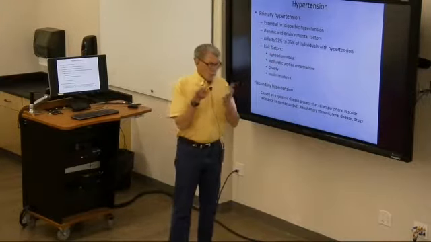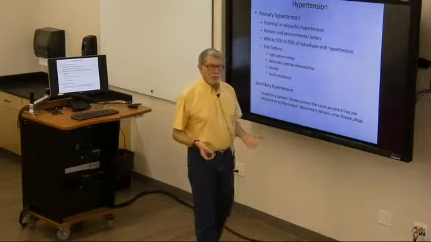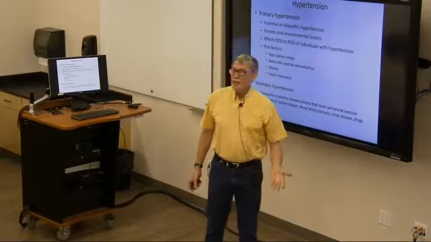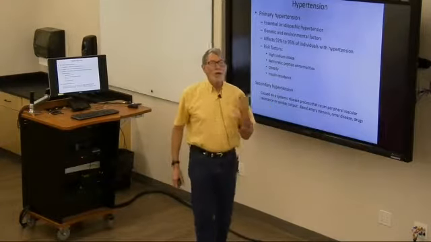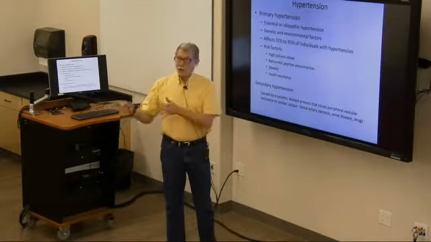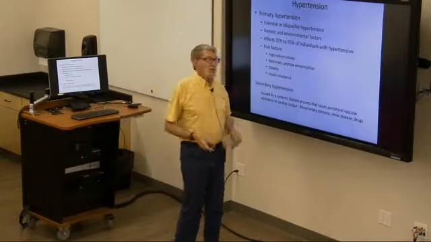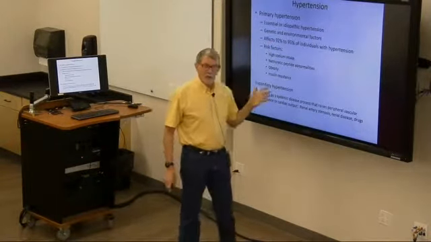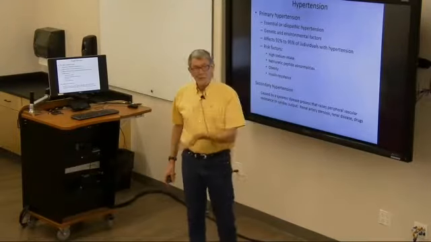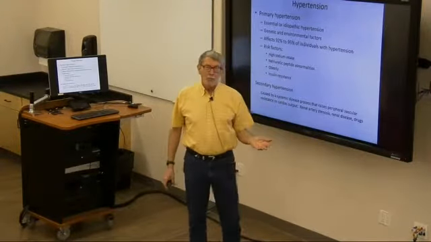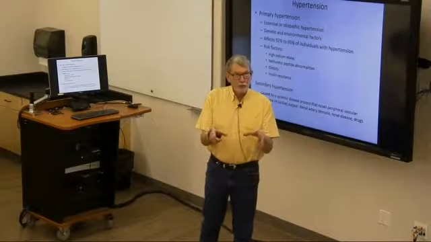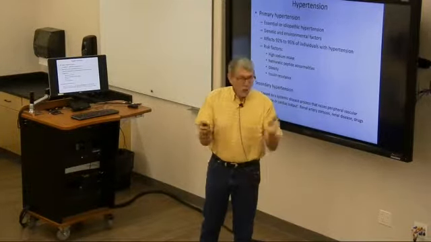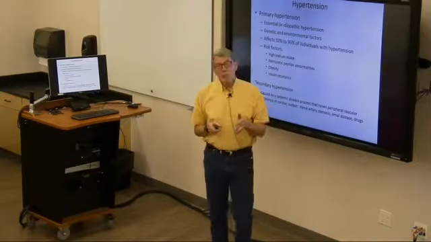This is a multifactorial illness in that how much you exercise, what you do, what you eat, how much you weigh, all of those will combine with your predisposition. How sensitive you are to salt is a big deal. Some people can eat a lot of salt and it doesn't change their blood pressure. Others, their kidneys are sensitive to salt and they will start retaining more water when you have more sodium in your blood.